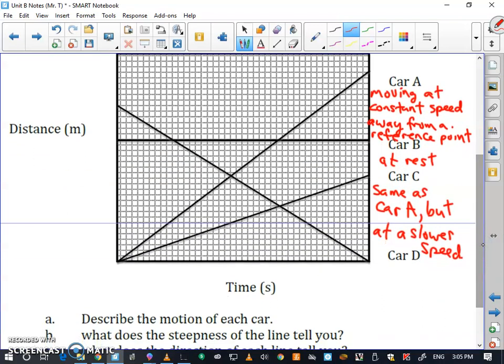Now, when we talk about the idea of speed, we like to interchange velocity when it gives the direction, and that's really what D is about here. It's starting away from a reference point, and then it's coming back towards it. Okay?